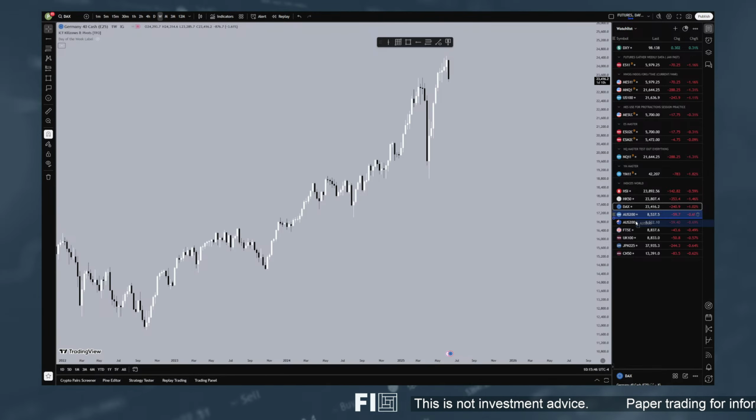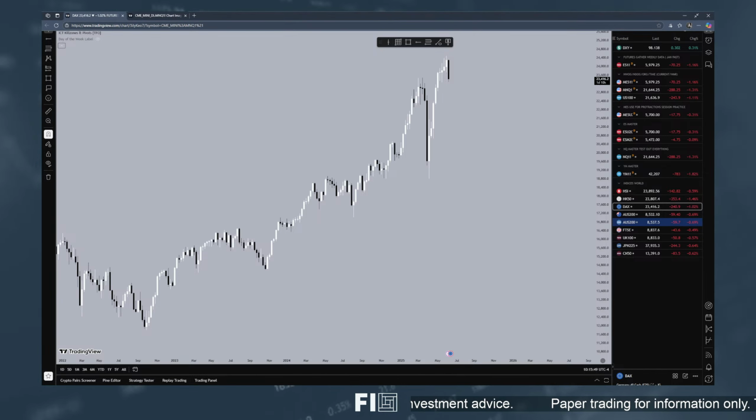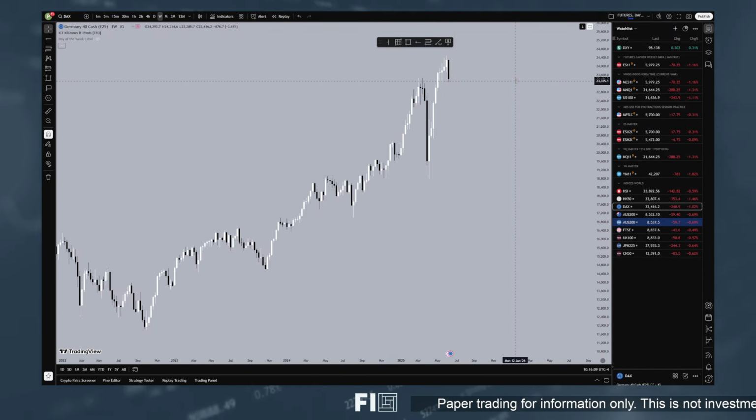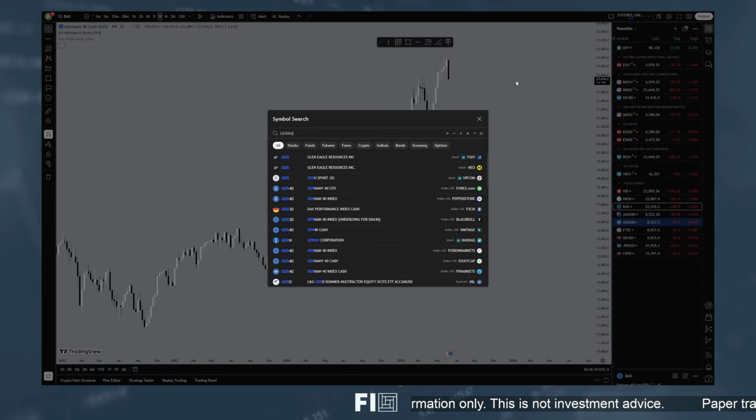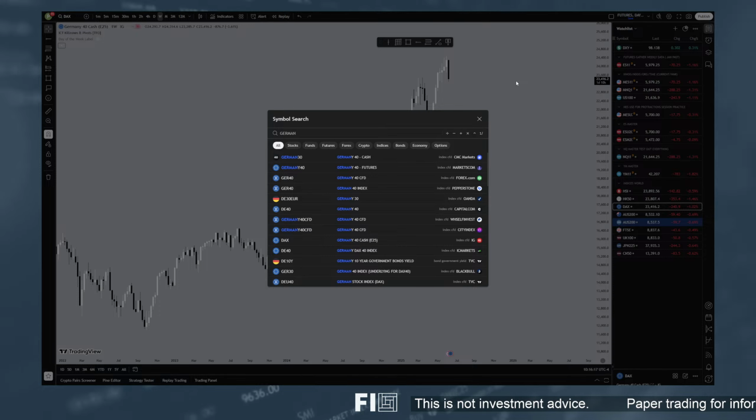Then we got the German DAX. I wonder what their CFD is. Ah, here it is, DE40. It's probably this.